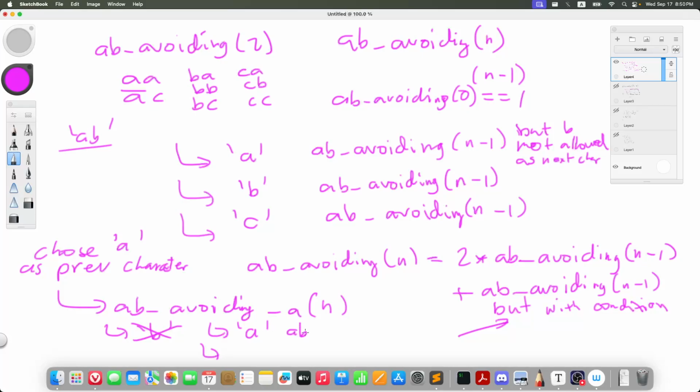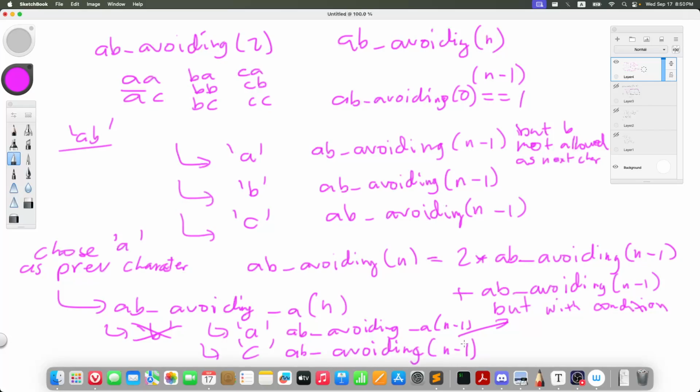So this is actually an instance of AB avoiding A again for n minus 1. But if we choose C, note that we cannot choose B. If we choose C, then we are free to use B in the next character. So this is an instance of AB avoiding only n minus 1.